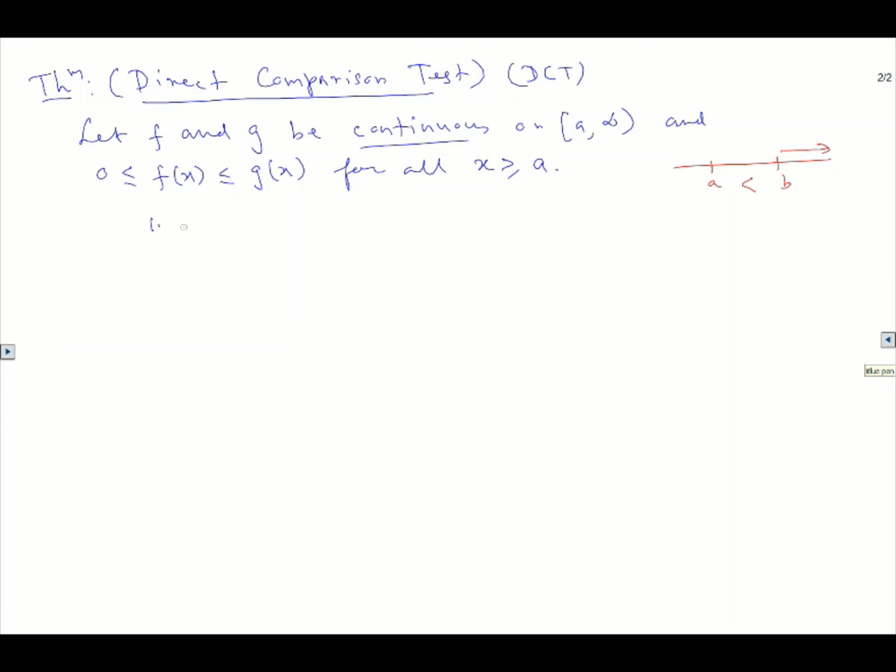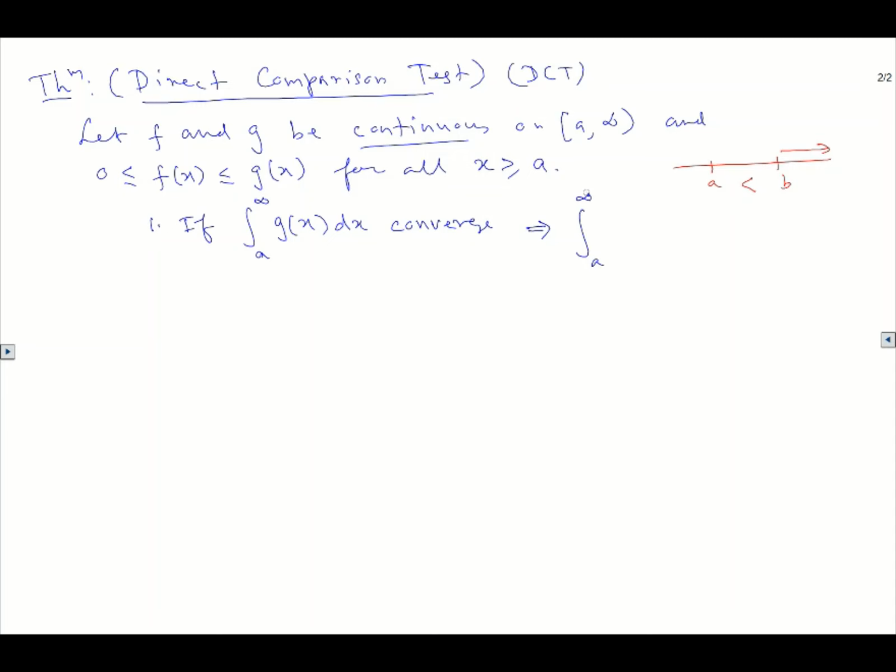Then the theorem says there are two things. The first one is, if the larger integral, that means the integral from a to infinity of g(x) dx, converges, then the smaller one has to converge, because this integral is area.